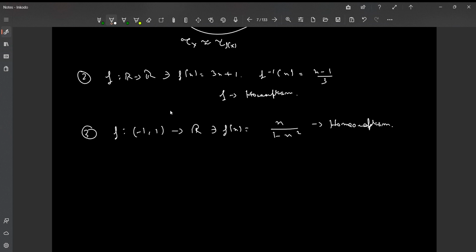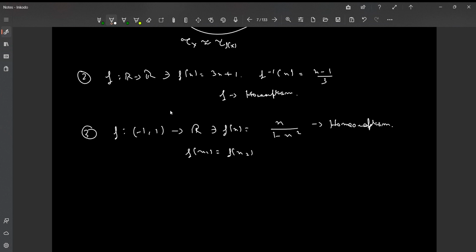Because obviously 1 and -1 are both not included in the domain, right? So the denominator is a non-zero polynomial. The numerator is also a polynomial, so it's a rational function. Therefore it's a continuous function. It's 1-1, obviously. It's quite trivial to observe.